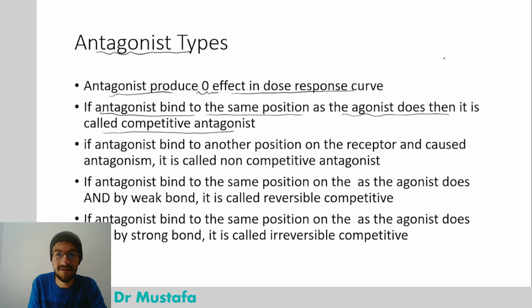So let's say this is the receptor and the agonist is binding here on the receptor. If the antagonist binds to the same position as the agonist does, it's called a competitive antagonist.